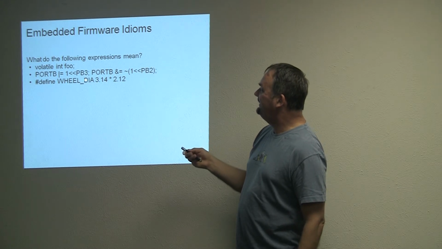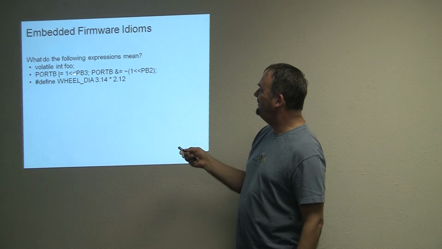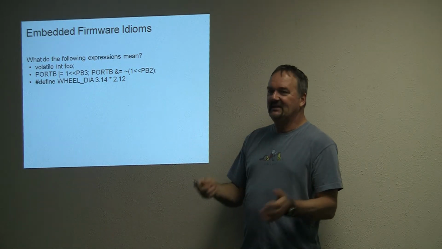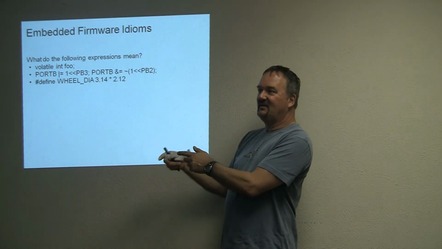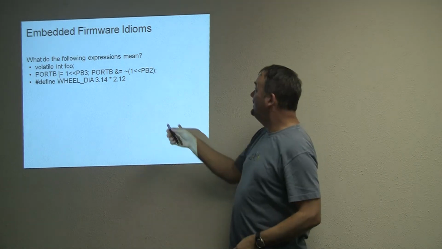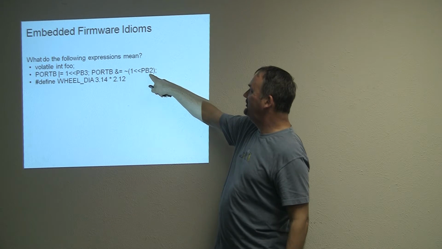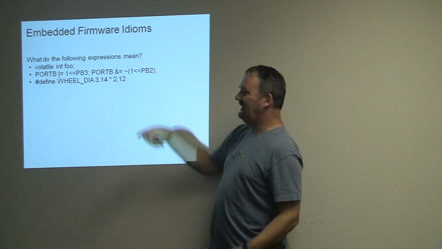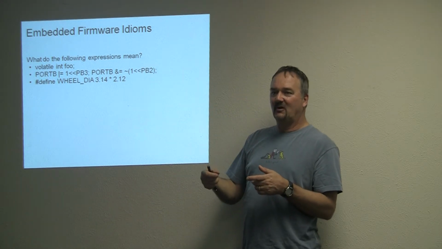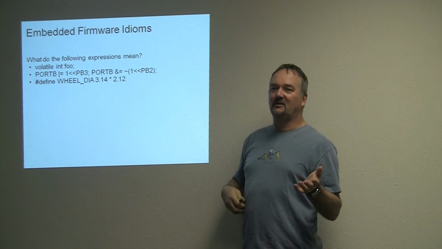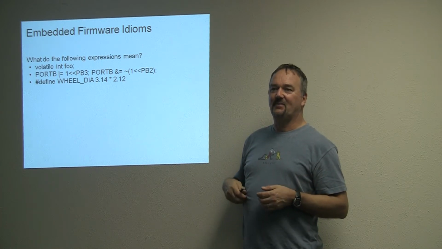That's right. And the converse: this sets bit 3. The converse is &=, which is the same as PORTB = PORTB & ~(this). So not one left shifted 2 bits would be the complement of 4. It's toggling all the bits, so it turns it into 0xFB.